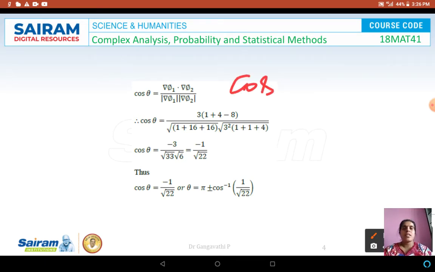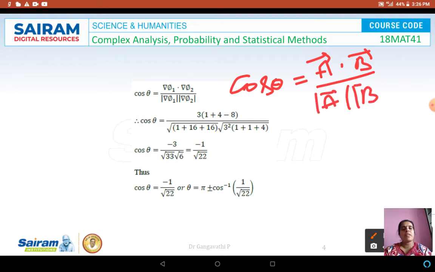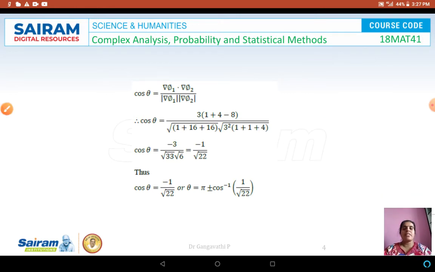So cos theta is nothing but, straight away, we can write vector a dot vector b by mod of vector a into mod of vector b. So this is what the formula is. The dot product between two vectors is i dot i, j dot j, k dot k becomes 1, and this is the answer we get when we do the dot product between vector a and vector b.